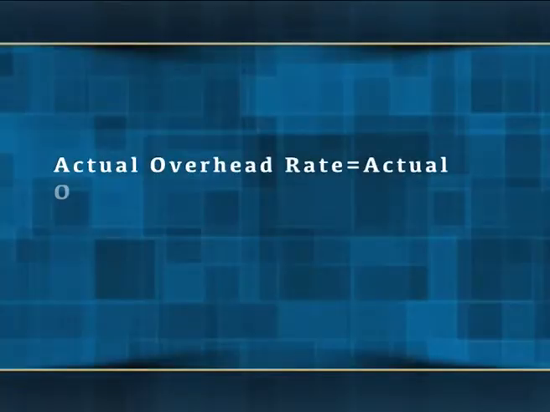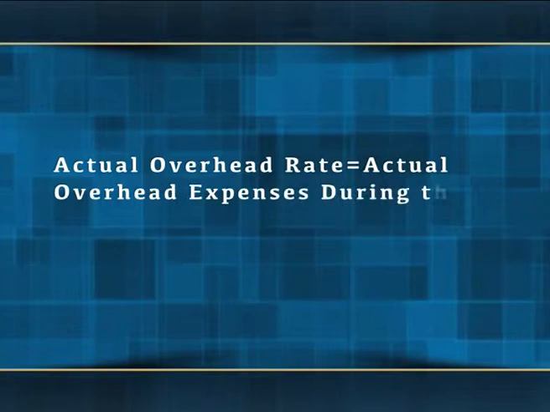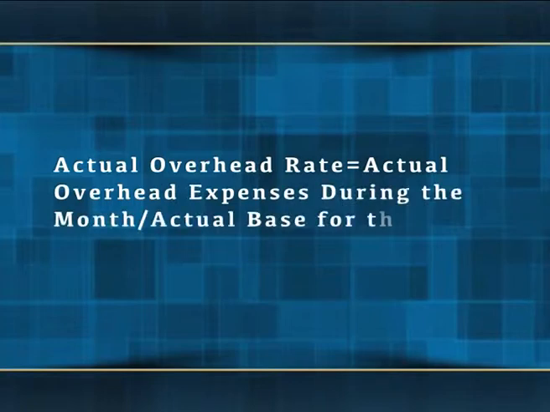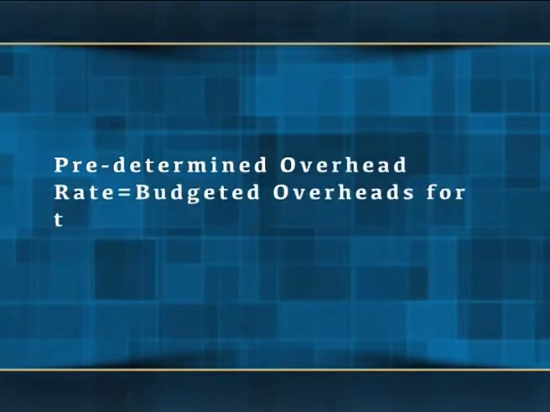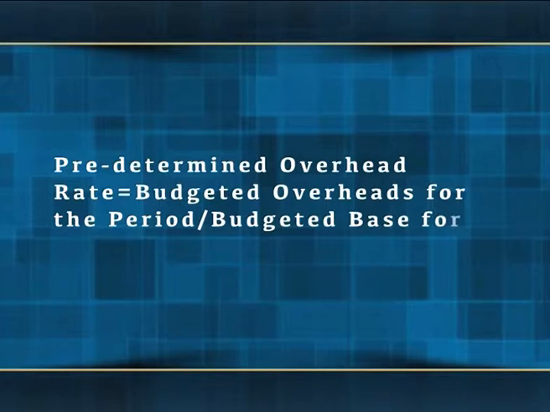The formula for calculating actual overhead rate is: actual overhead rate is equal to actual overhead expenses during the month divided by the actual base for the month into 100. Predetermined overhead rate is determined in advance and is computed by the given formula. Predetermined overhead rate is equal to budgeted overheads for the period divided by budgeted base for the period into 100.